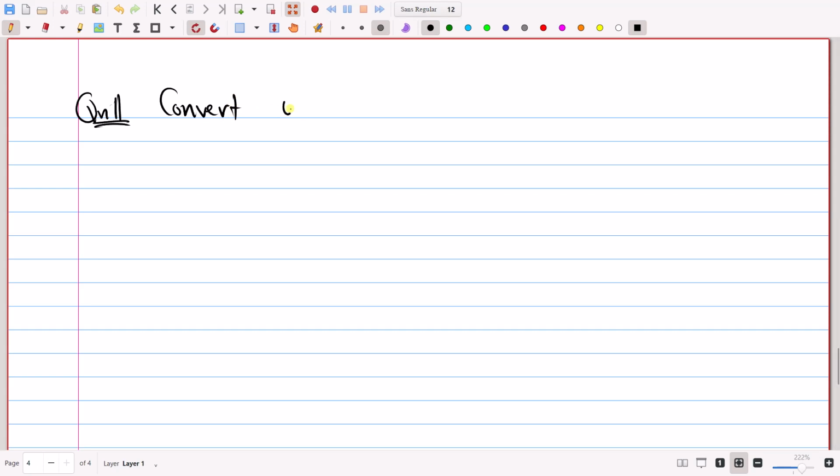Convert, let's say, 0.00125 meter squared to millimeter squared. So how are you going to do it? Let's look at what is going on here.